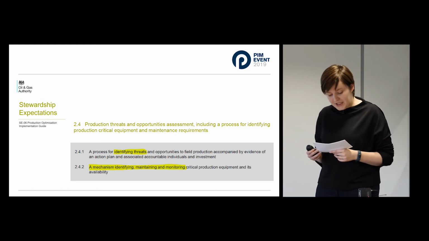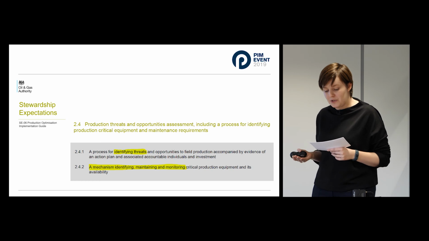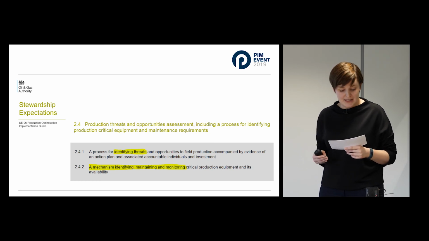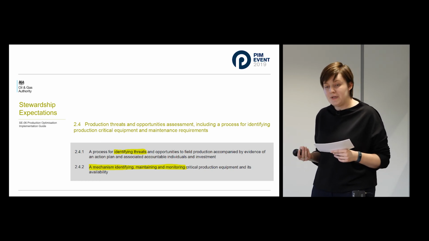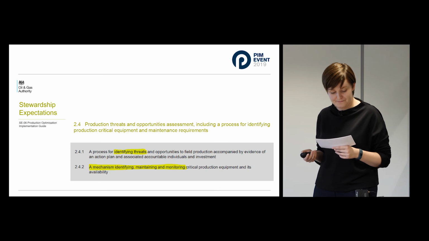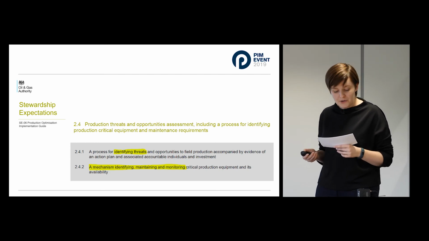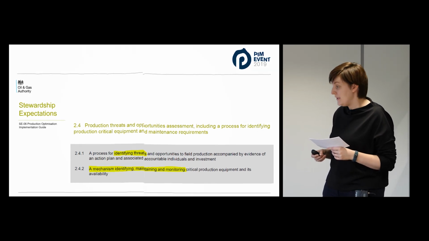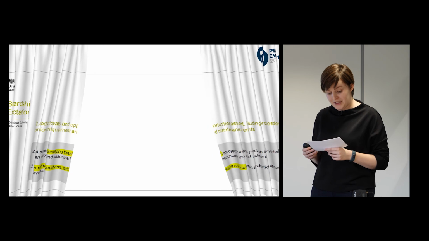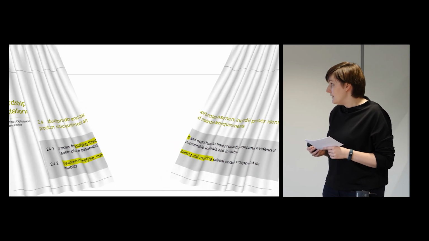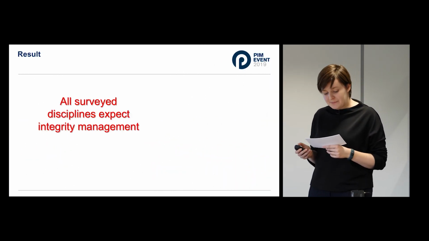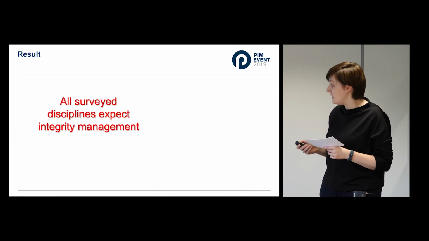Oil and Gas Authority expects a systematic approach to ensure that production is protected, in simple terms, to minimize a business risk. Overall outcome from our survey, including Oil and Gas Authority, is that we all expect integrity management to manage risk.